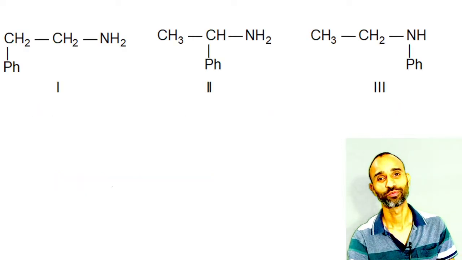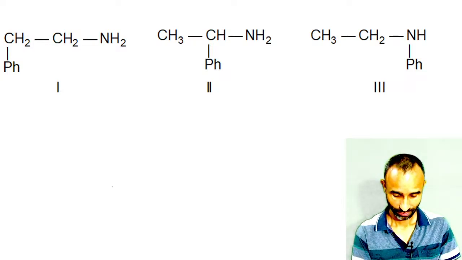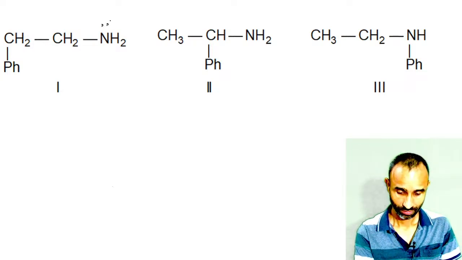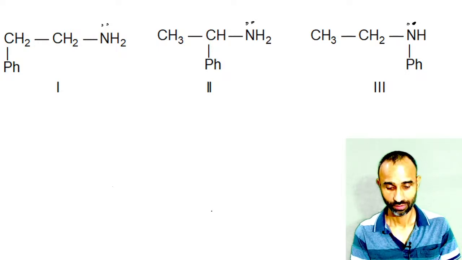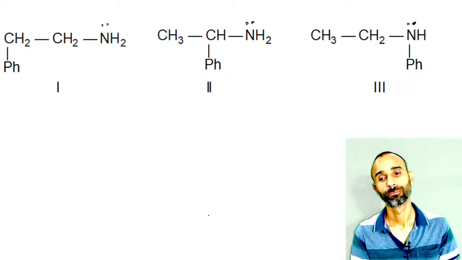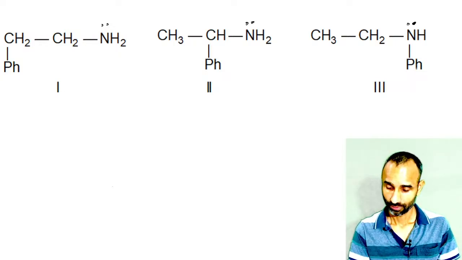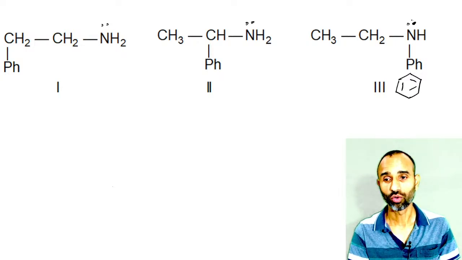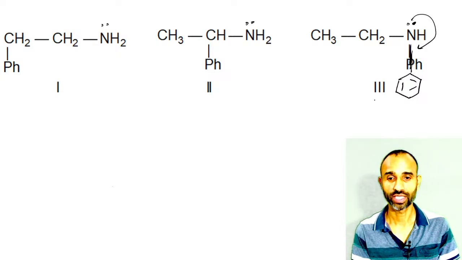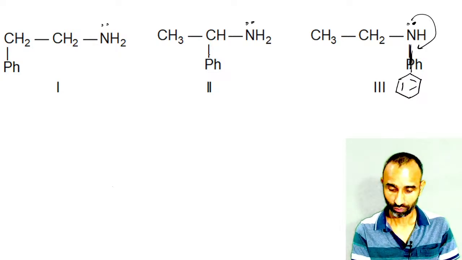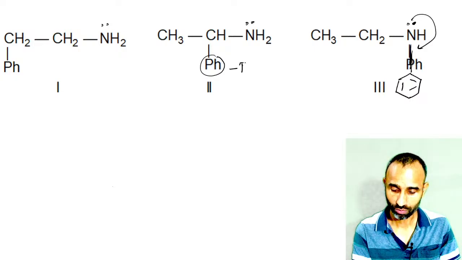Yes, which one? Third one is least basic because this phenyl ring, benzene ring, the lone pair is in conjugation with it, right? So that's why third is least. And phenyl group here shows minus I effect.